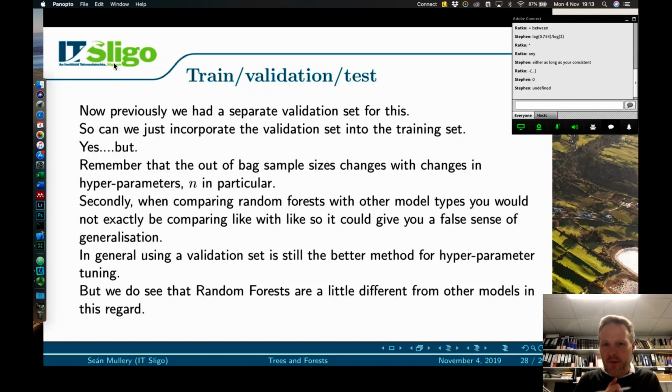Secondly, when comparing random forests with other model types, you'd prefer to have the same size validation set in order to test them. Otherwise you would not be comparing like with like, so it could give you a false sense of the generalization that's going on. In general, using a validation set is still the better method of hyperparameter tuning, but we do see that random forests are a little different from the other models in this regard.